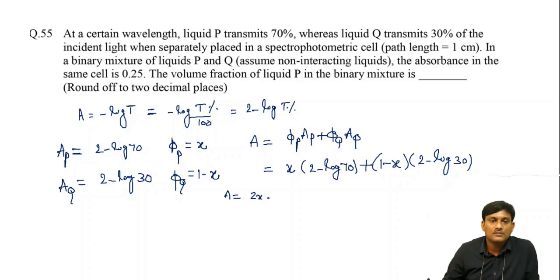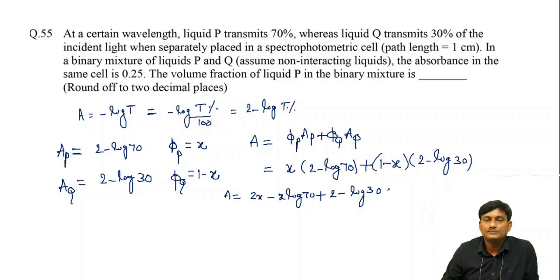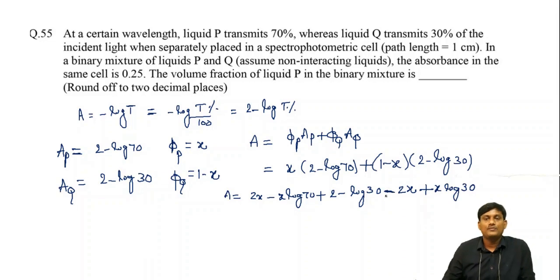2x minus x log 70 plus 2 minus log 30, plus minus 2x, minus of minus, plus x log 30.